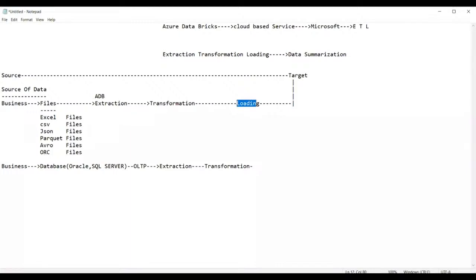So now loading will be done, and finally, once the loading is done, it will be loaded into the destination. That means this is the destination. Getting my point?